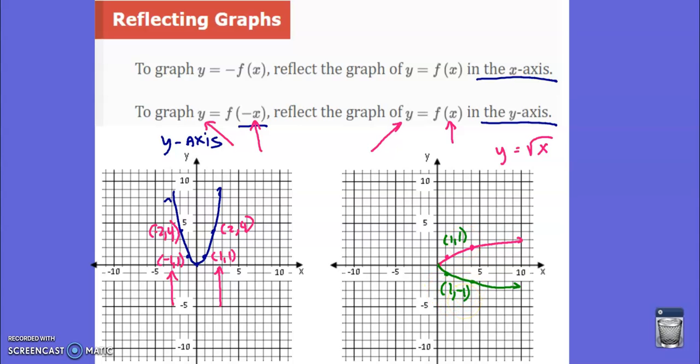And notice this point is the point 4, 2, and this point is the point 4, negative 2. So notice here the y values are changing. That's what it says, y equals negative f of x, or another way to look at it is negative y equals f of x. So notice that the y values are changing when it's reflected on the x-axis.